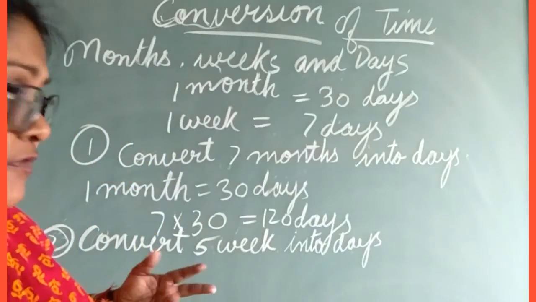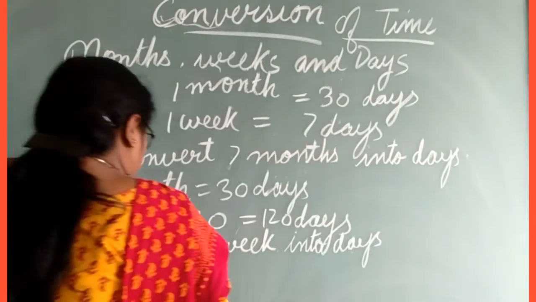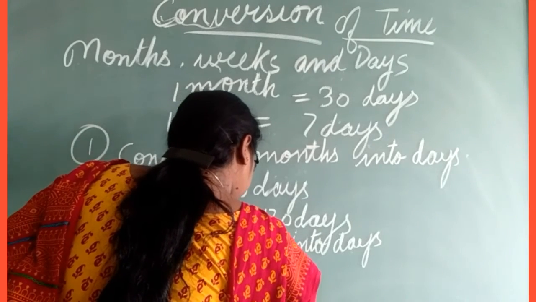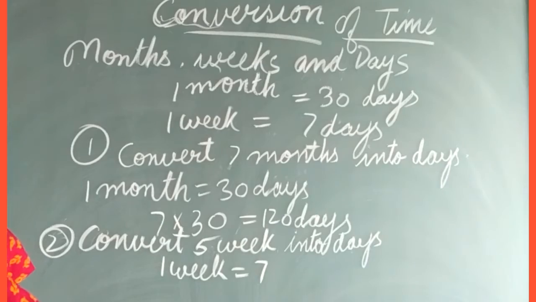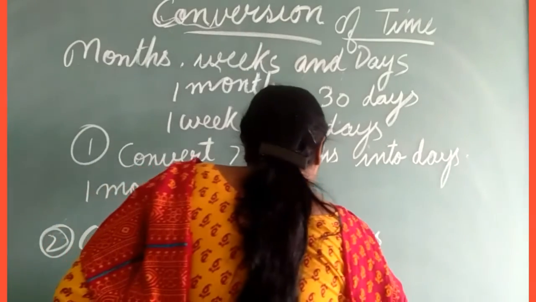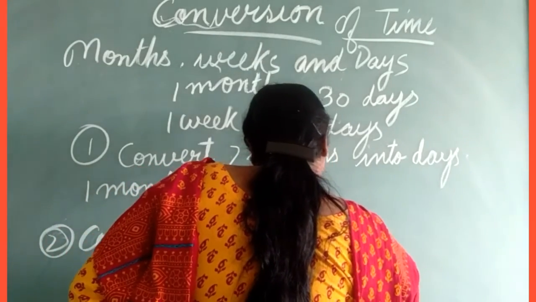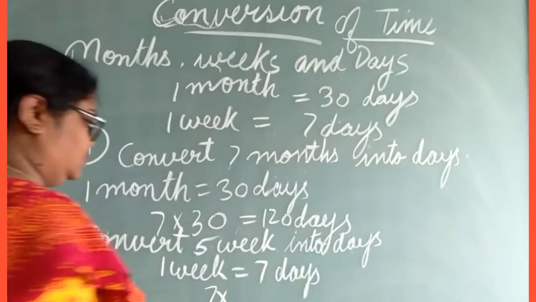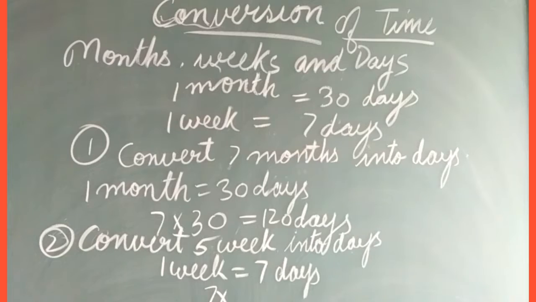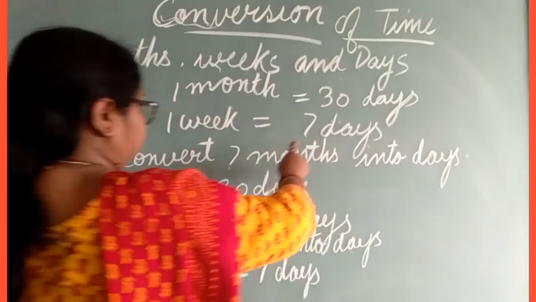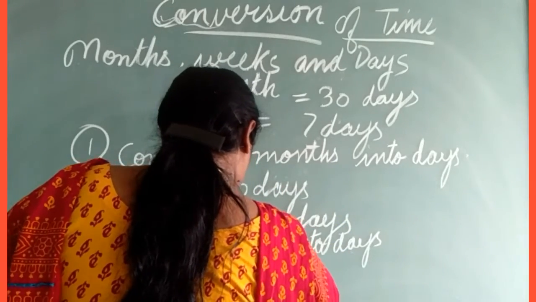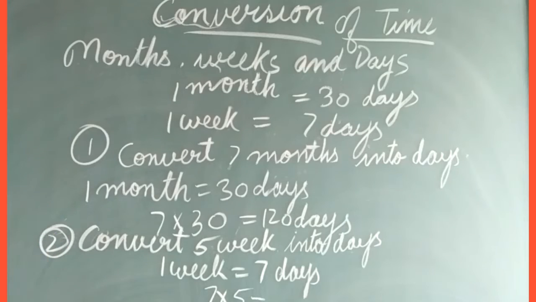So 5 weeks. 1 week equal to 7 days. So 7 into 5, then you will get the answer.